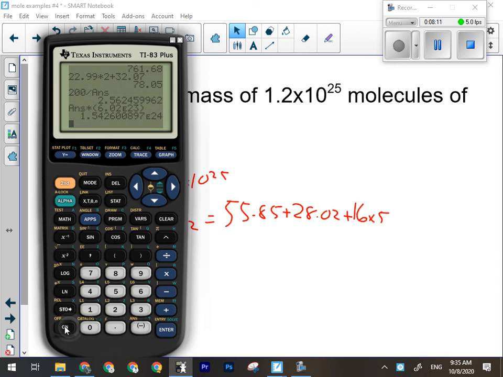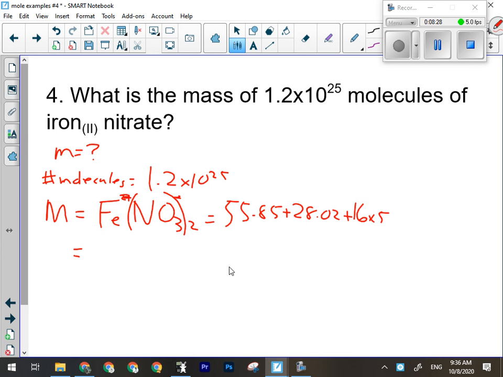And so 55.85 is our iron, plus 28.02 is our 2 nitrogens, plus our 5 oxygens. Okay, 163.87 grams per mole.